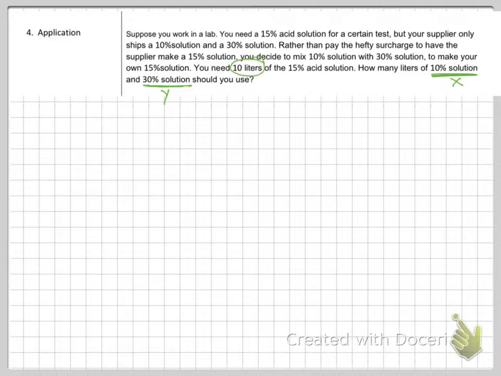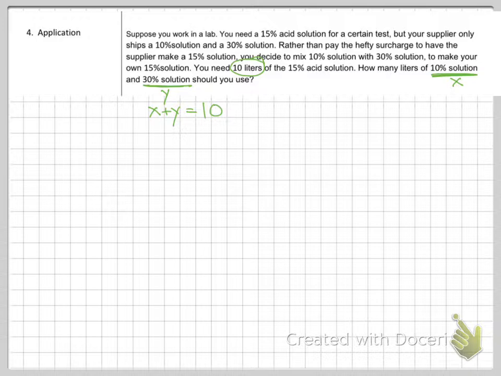So the amount of 10% solution is x. The amount of 30% solution is y. So x plus y has to equal 10. So liters of the first solution plus liters of the second solution has to equal 10 liters total. Then we start dealing with the percentage part.